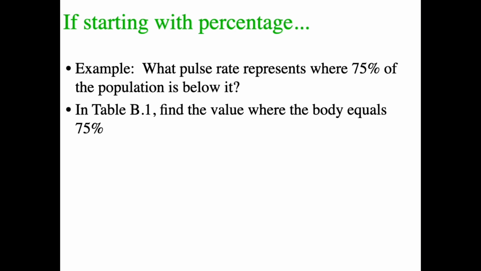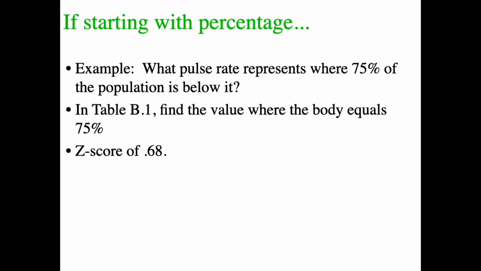Close enough, that's the closest value I can get. So I'm going to use a z-score of 0.68 and say that's the place where 75% of the population is below it. But the question actually asks, what's the pulse rate that represents where 75% of the population is below it? And that means I need to take my z-score, which is in the standardized unit fashion, and change it to a raw score.